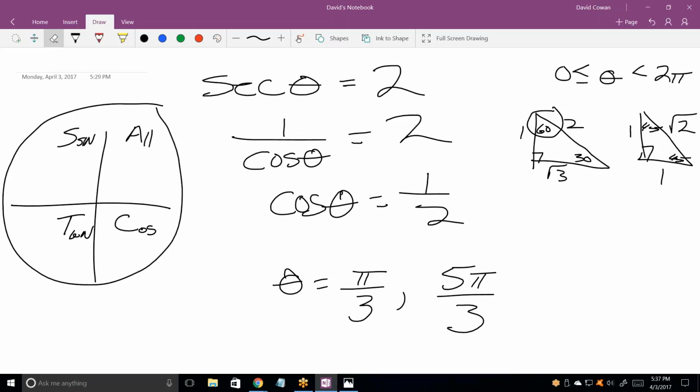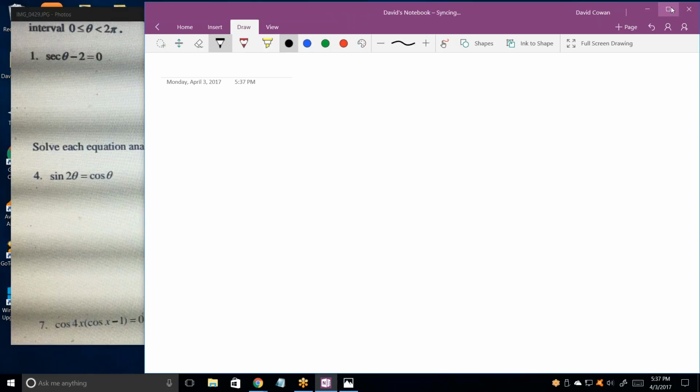There's always going to be two quadrants where the trig function is positive. So whenever they restrict your domain to 0 to 2 pi, you're almost always going to have two answers, sometimes 4 if it's plus or minus 2. But let's look at the next problem.